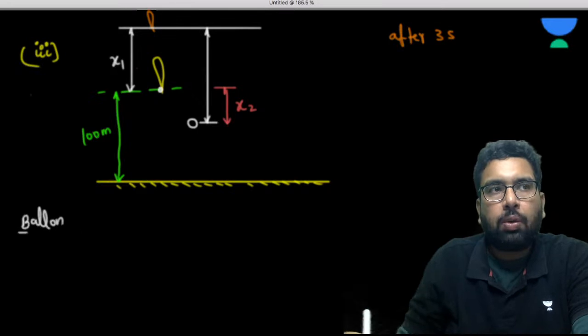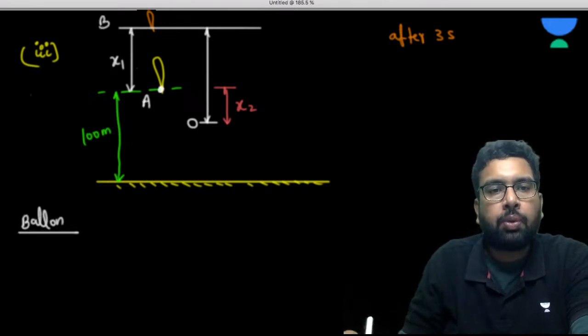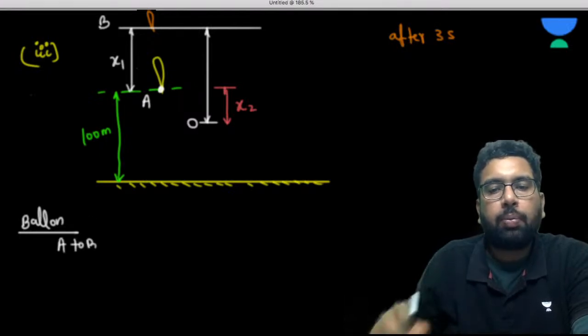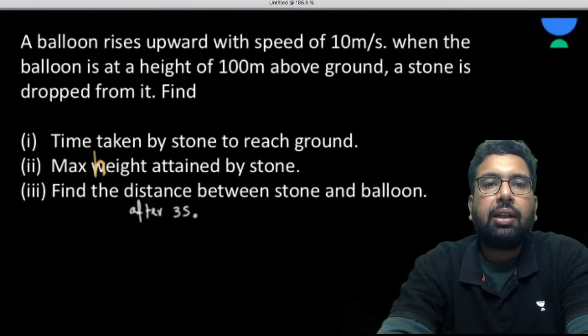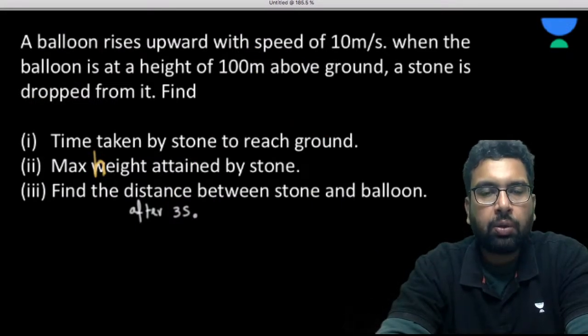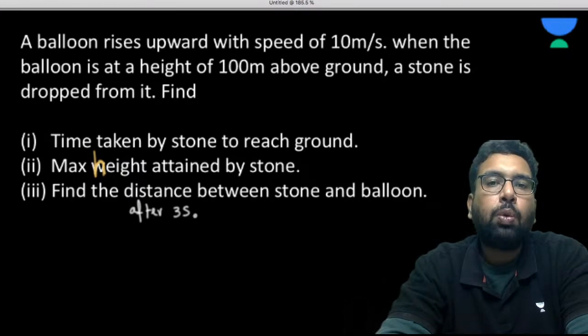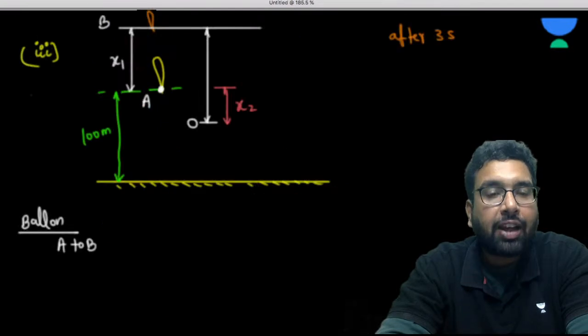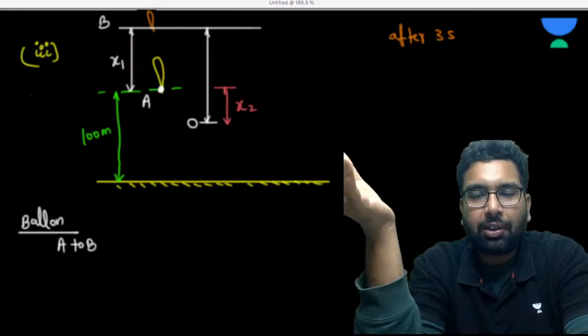The balloon is at this position, let's suppose A, and it reaches this position, let's suppose B. I am considering the motion of the balloon from A to B. It is given that it has an upward speed, but nothing is mentioned about any change in the speed. So in the case of the balloon, we are not going to consider gravity.